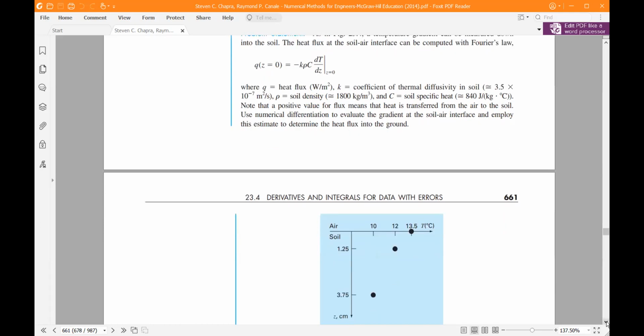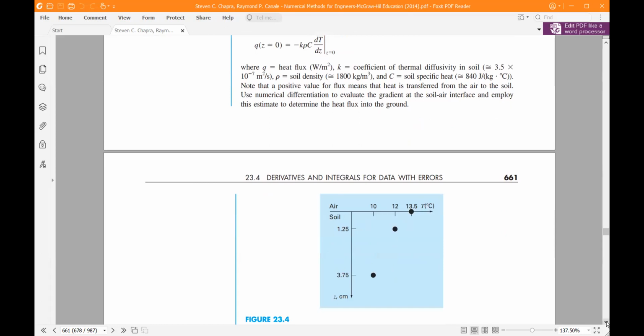In this figure you have 3 temperature data points, not equispaced. One is measured at the surface of the soil, 13.5 degrees centigrade. Another is measured at 1.25 meter, around 12 degrees centigrade, and another at 3.75 meter, which is 10. So the depth of the soil will be the independent variable x, isn't it?